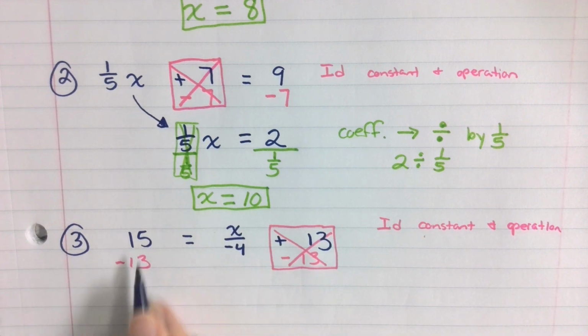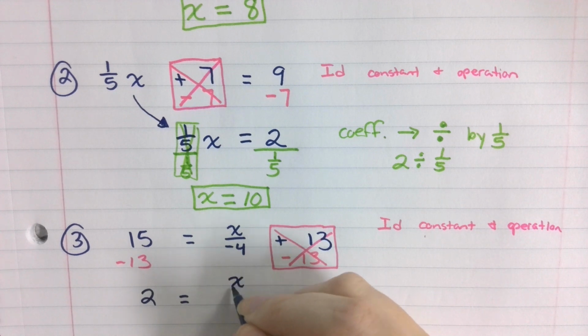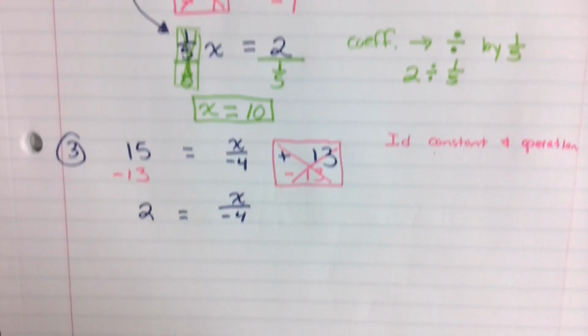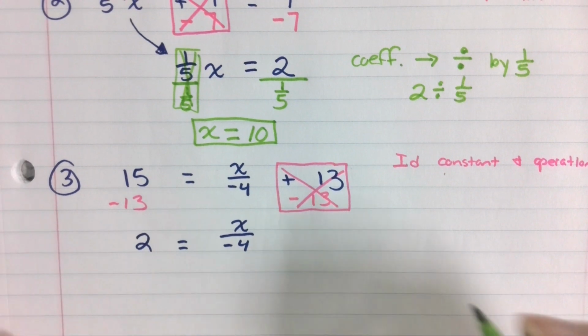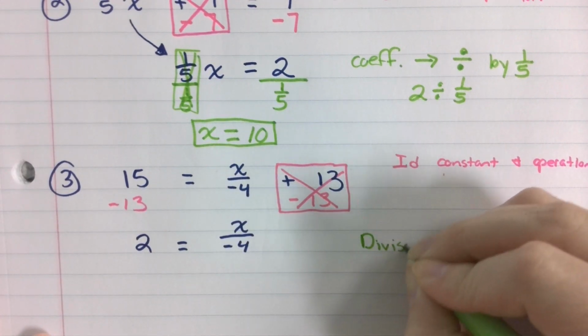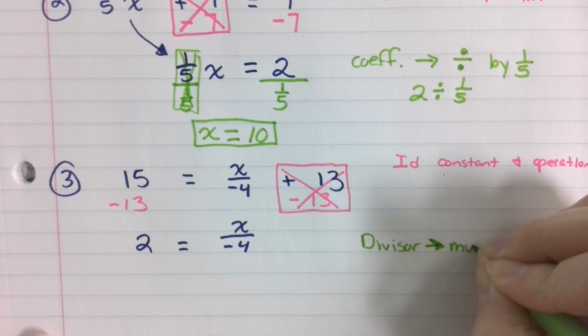Okay, 15 minus the 13 is going to give us a 2. Then we have x over -4. Is that a coefficient or a divisor? Divisor. That one is a divisor. Okay, so because of the fact that we do have a divisor, that means that instead we're going to go ahead and multiply.